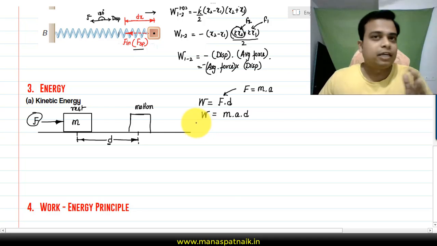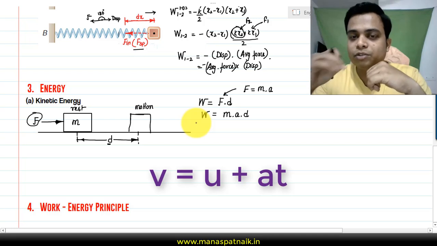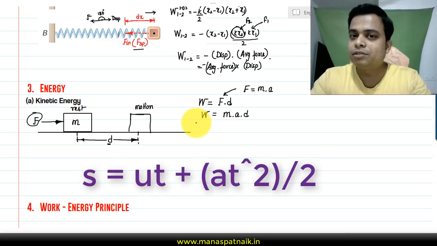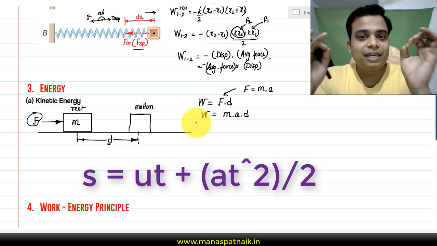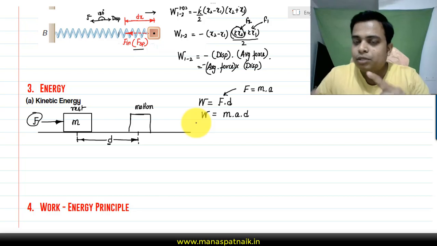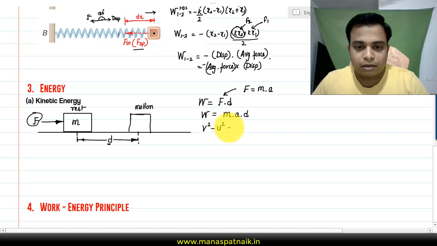Now, you must have heard kinematic equations in the form of v equals u plus at. You must have heard about v square minus u square is equal to 2as. And you also must have heard about s is equal to ut plus half at square. Out of these three kinematic equations, I'm going to be using the second one, v square minus u square is equal to 2a, and instead of s I'll write d over here.